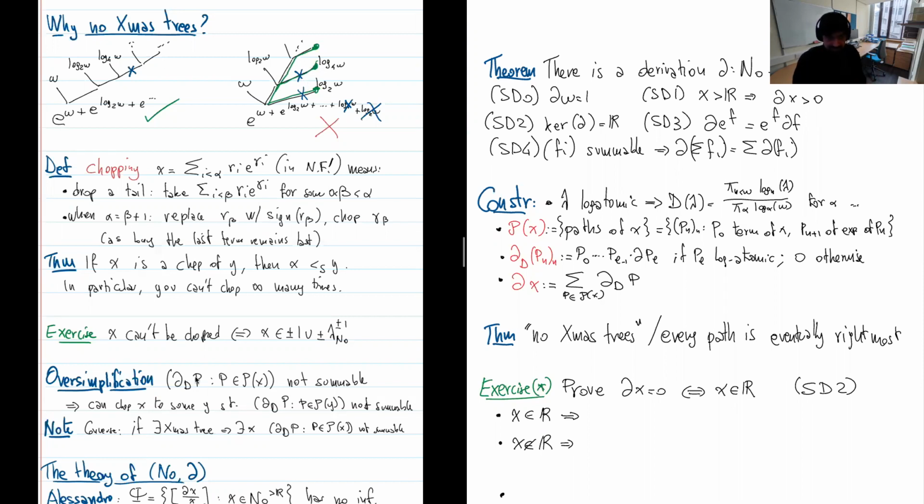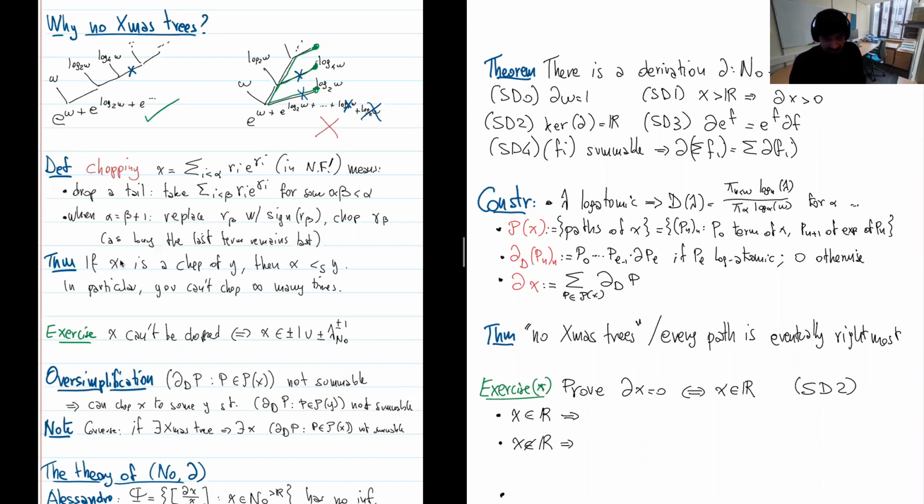So at the level of proving that these contributions are summable, this is essentially an if and only if with the condition that there are no Christmas trees. Whether there is a derivation is another matter. That's more delicate. Okay, and so this is about how you prove this.